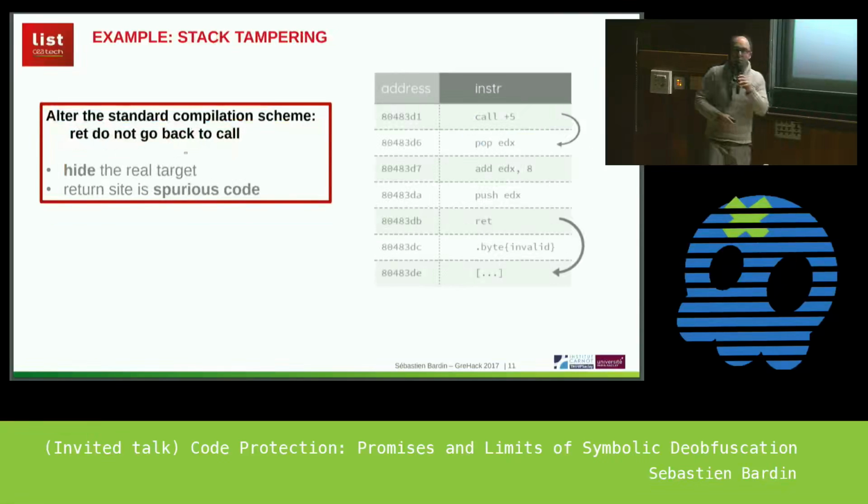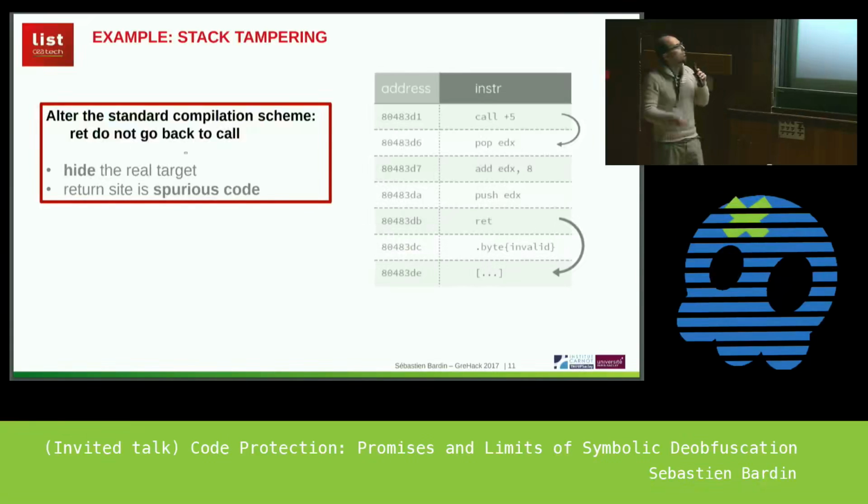You can also have, for example, stack tampering. Here you play on the fact that usually people tend to think that a return instruction goes back to its natural call site. But you can trick the program because in assembly there is no formal stack, so return is just a jump somewhere. For example, here you have a call, then you modify the top of the stack and you return, which is just a jump, so you don't go back here, but you go somewhere else.